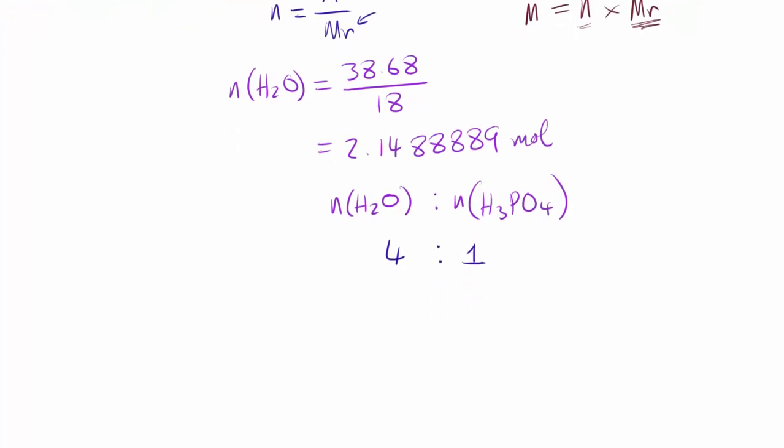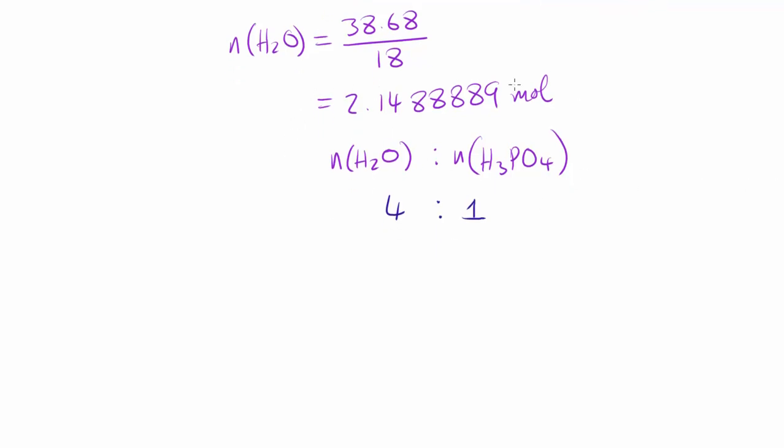And what are the implications of this as far as the mole figure we've calculated? Well, simply put, the moles of H₃PO₄ can be calculated by taking the moles of H₂O and dividing it by 4.